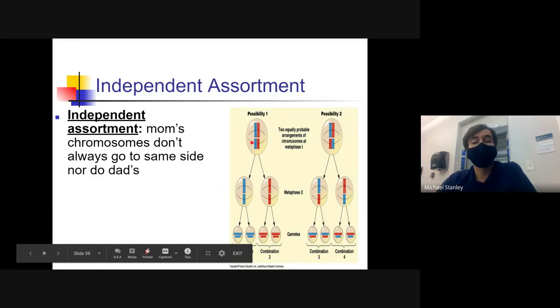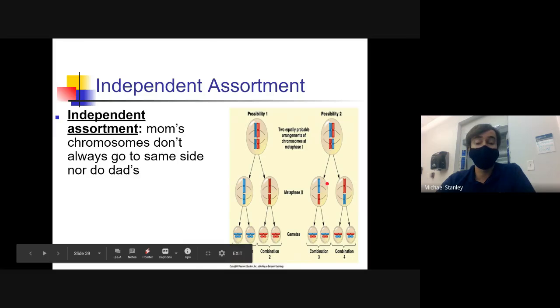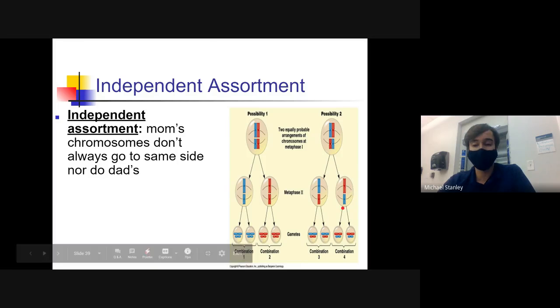Or it's equally likely that instead we pull some of your dad's and some of your mom's chromosomes to one side, and some of your mom's and some of your dad's chromosomes to the other side. So then you end up with a cell where you have some copies of your dad's chromosomes for some sets and some copies of your mom's chromosomes for other sets, and vice versa.